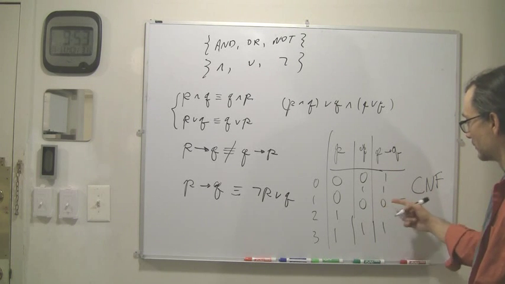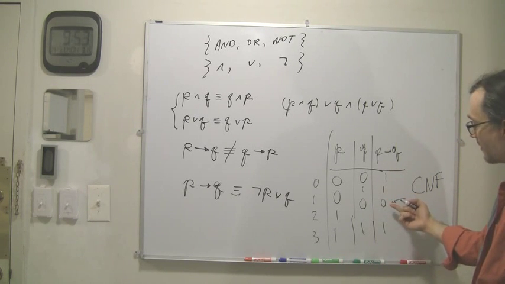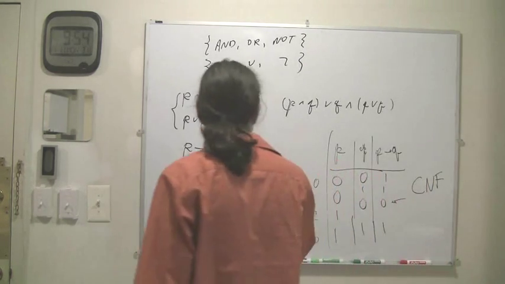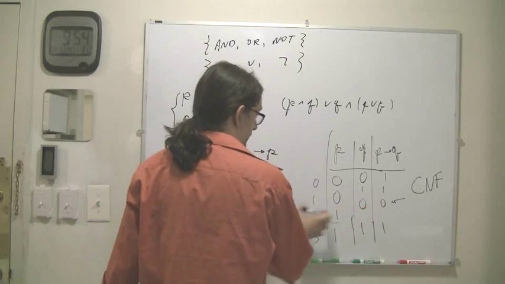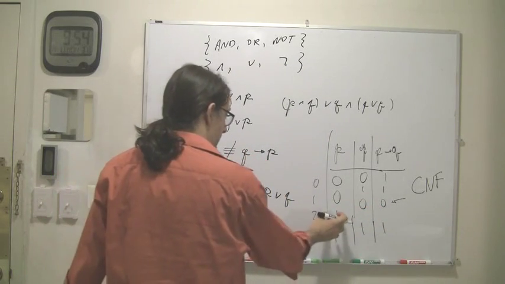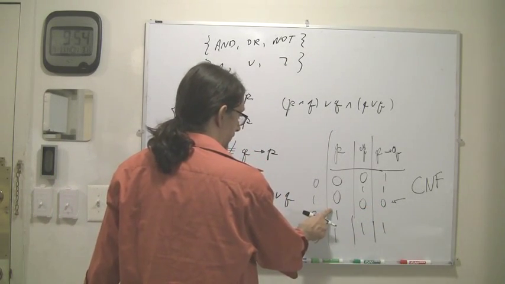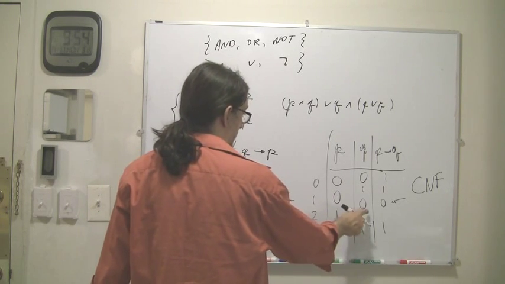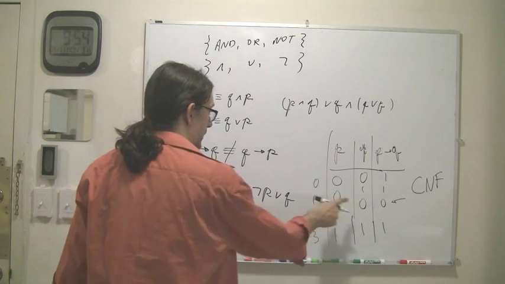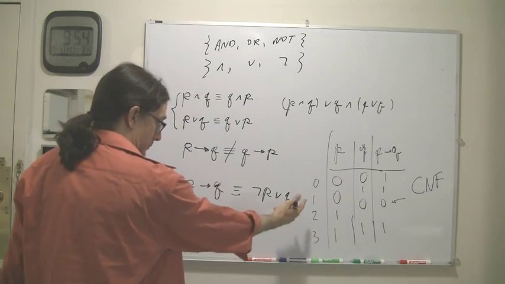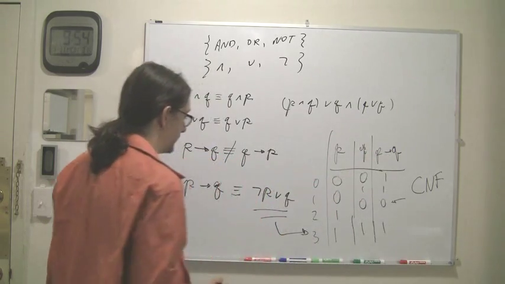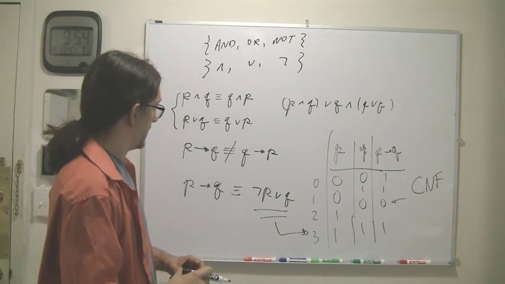Well, we'll look at the zeros. In this case, there's only one zero, and then we write an OR term for each row that is zero. In this case, there's only one row, and then we write the negation of the value of P here, or the negation of the value of Q here. So we have not P or Q. Okay, so this represents this truth table, which is the truth table for P implies Q. That's one way you could do it.